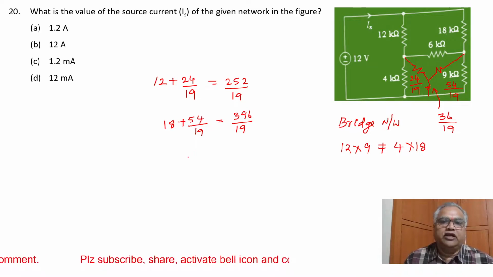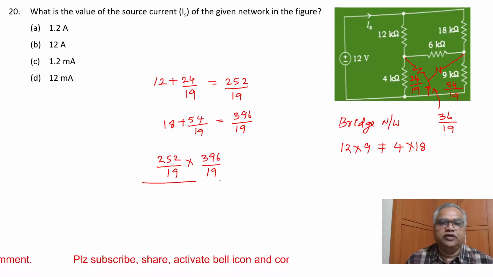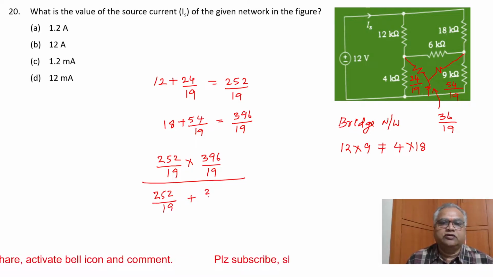Now these two are parallel. So how do you simplify? 252 by 19 into 396 by 19, divided by 252 by 19 plus 396 by 19.